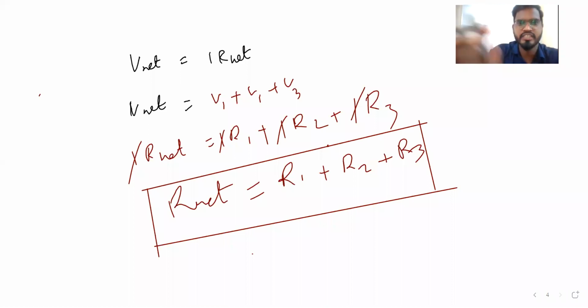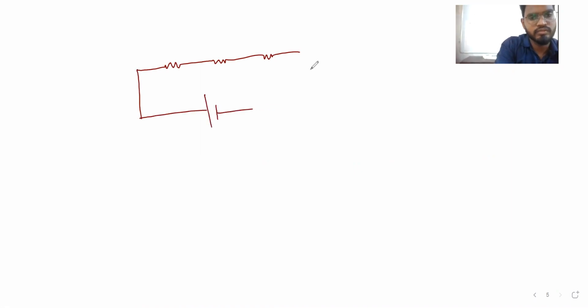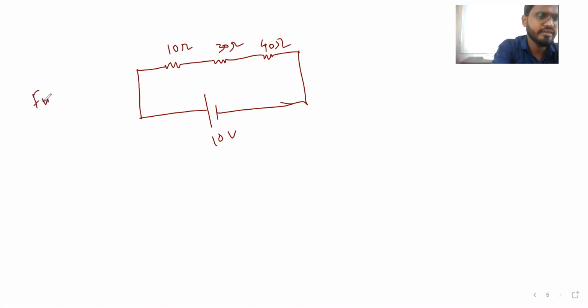So let's see a few numericals. Ten ohm, 30 ohm, 40 ohm, 10 volt. Now the first question they are asking, find R equivalent, means total resistance.